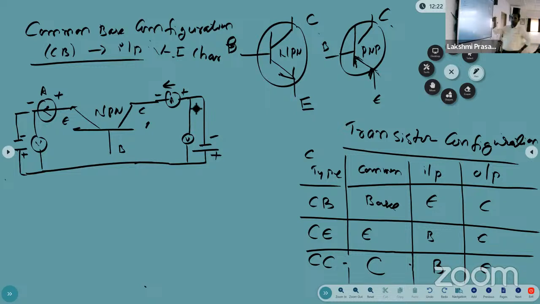The current is entering from the positive terminal to negative. Okay. Now, what is the voltmeter? And if you are connecting it in reverse, then you will get negative and positive here. Okay. Now, this is the common base configuration circuit diagram.